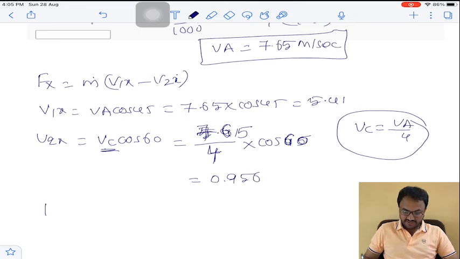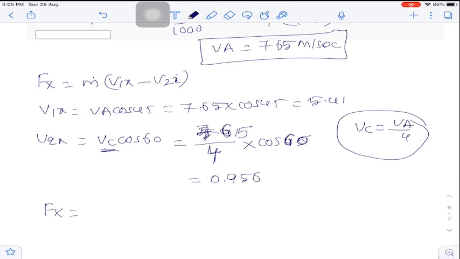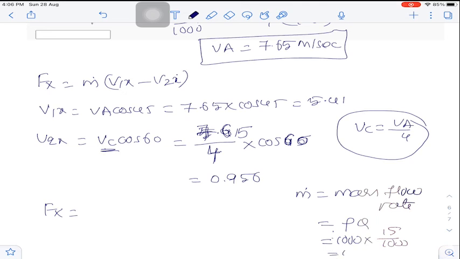So put in the formula Fx is equal to, and you can calculate m dot, the mass flow rate, that is rho into Q. Rho is density and Q is equal to 15 divided by 1000. So you will get 15 kg per second.